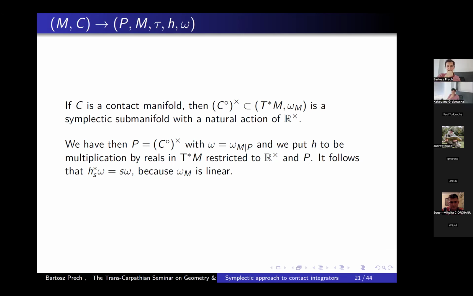Yes. But then we can take an annihilator and then remove the zero section, which will be a submanifold in the cotangent bundle of M. When we remove the zero section, we can easily introduce this R-star action. This will be just multiplying covectors by numbers, and then we define P to be this annihilator with the zero section removed. When we restrict the canonical form, you show that this is a symplectic submanifold.